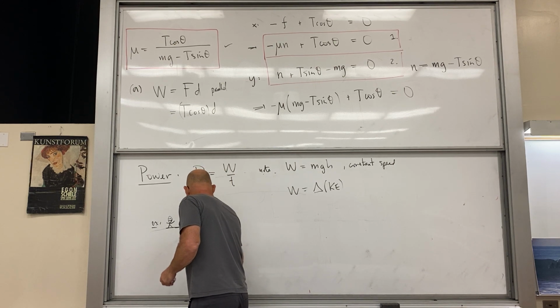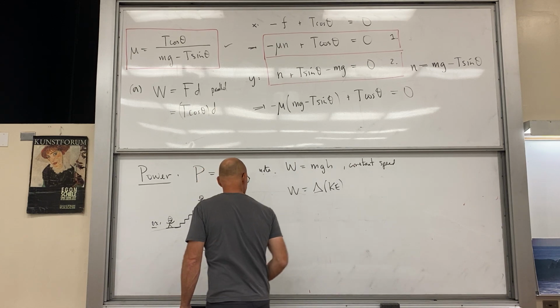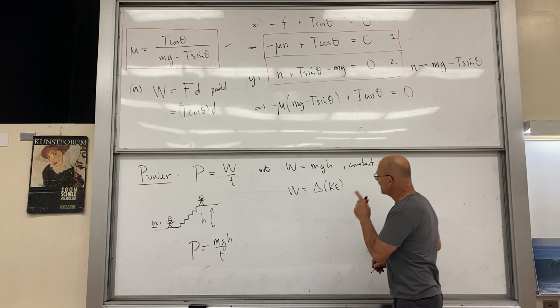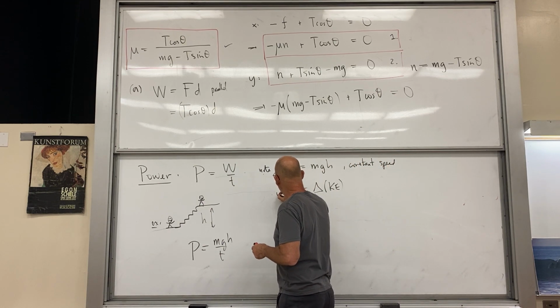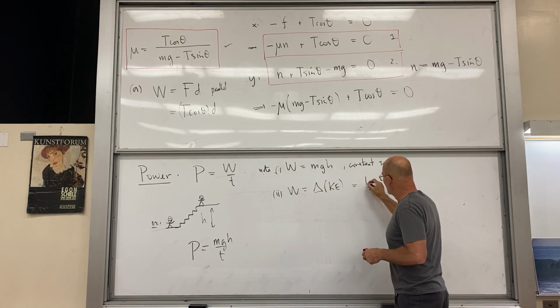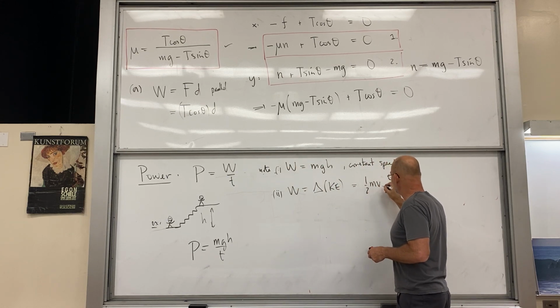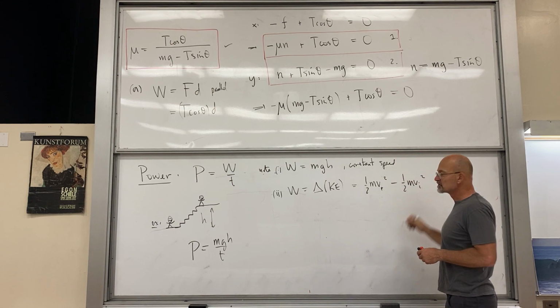And then the work is simply here mgh, so the power is mgh over t. If you do this second form here, I'm going to call this 1, then you would say 1/2 mv final squared minus 1/2 mv initial squared.